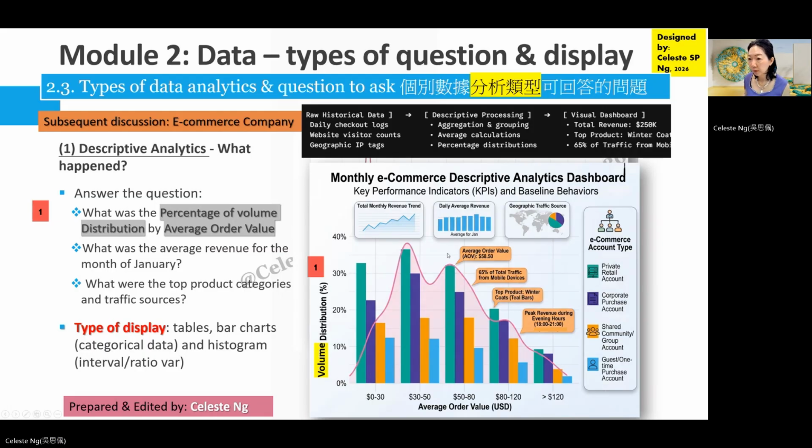For example, if you want to answer what is the percentage of volume distribution by average order value, for the category within 50 to 80 USD, it will be 58.50. This will be the value for this category of order value.